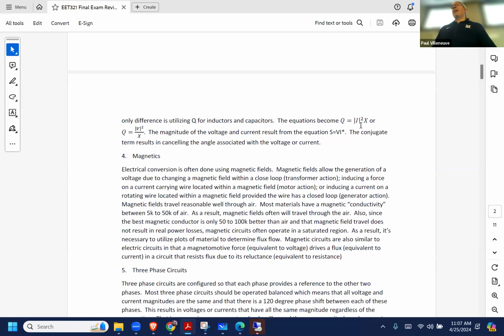The reason is, first off, when we do the conjugate, S equals VI conjugate, the angles will change and cancel out any angle associated with those voltages or currents. But secondly, when I do Q, I should only have a scalar number. Remember, P and Q themselves are scalar numbers. It's only when you combine them into S to get the total power that you include the J term.